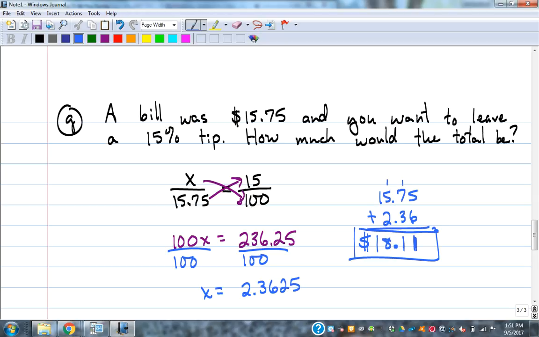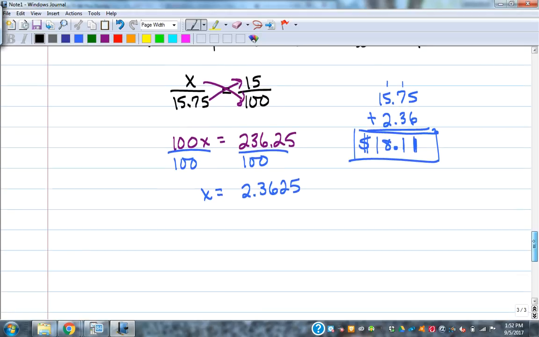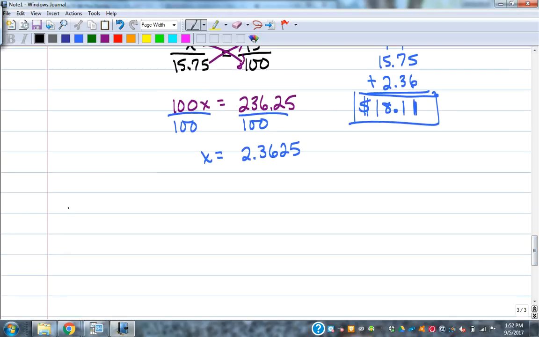So instead of finding the $2.36, you could put 115 up there instead of 15, and that would get you the total bill at the very end with one problem instead of having to do the addition at the end. Either way works fine. This is the most common way of doing that, that's why we did it that way. But there are other ways, and changing that 15% to 115% would be one way to do that.